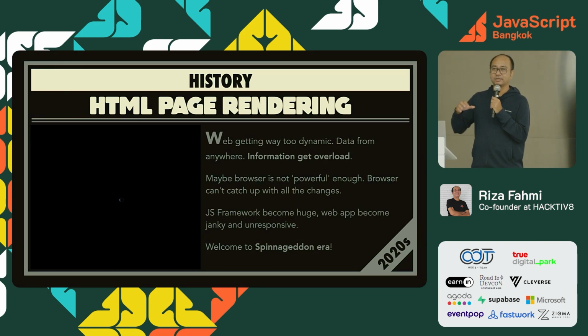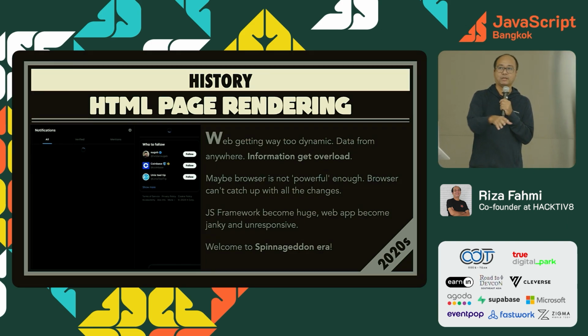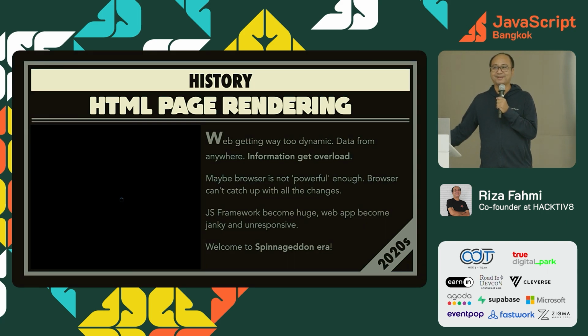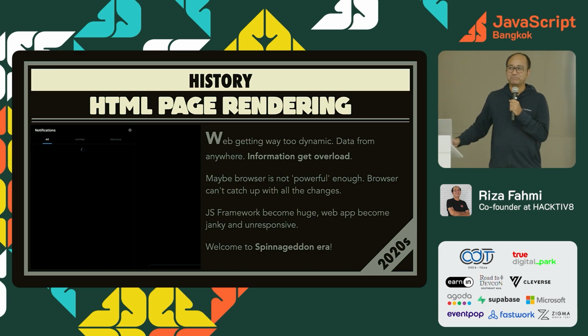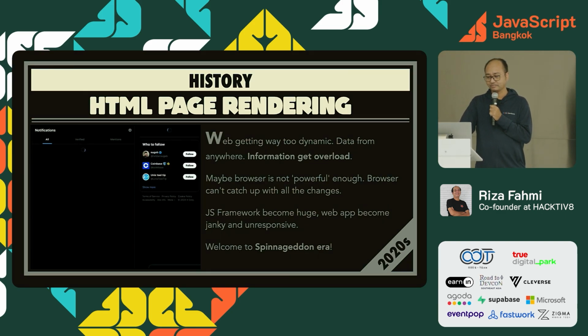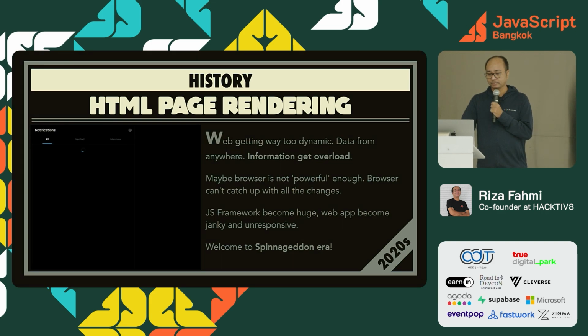So the experience is not the same for all users, different from desktop, tablet, mobile, and maybe low-end devices. Meanwhile, JavaScript frameworks were getting larger and sometimes bloated, and our apps became unresponsive, janky, and a bad user experience. Welcome to the SPAgeddon era.